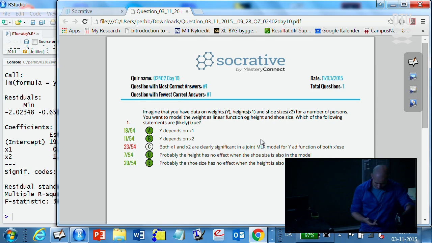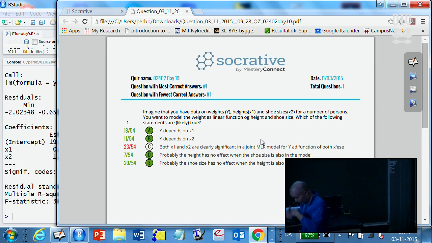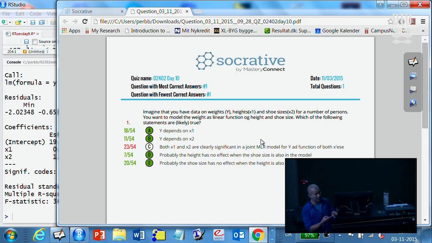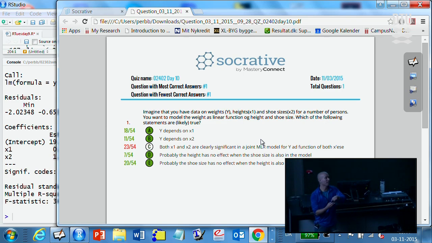My scenario that makes my answers become what I'd like them to be is that I expect that shoe size and height in centimeters among us are highly correlated. Not with a 1, but highly correlated, right?